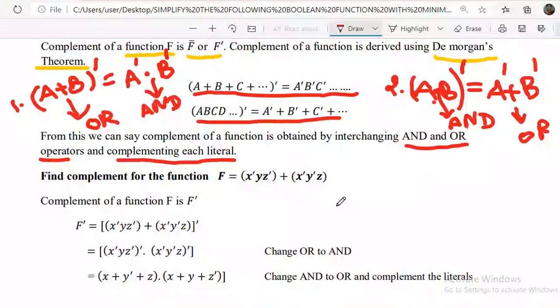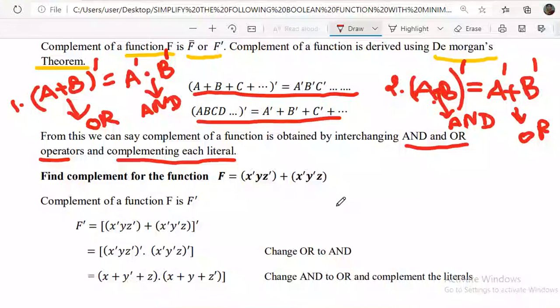You are given a function f equal to x dash y z dash, which is a product term, plus x dash y dash z, which is also a product term. You can say it this way also: the product term will become a sum term and the sum term will become a product term.